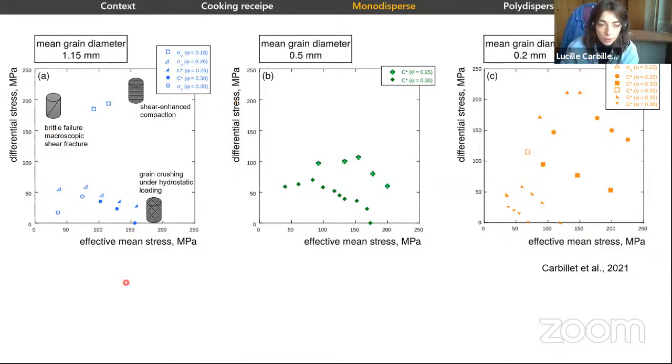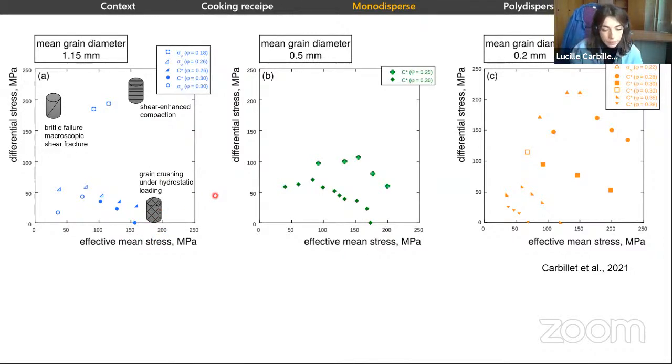I'll be focusing more on the failure mode that we see as we go to higher effective pressure, which is shear enhanced compaction. And that's also the stress state at which we have the formation of compaction bands, for instance. Under hydrostatic loading, the sample failed by grain crushing.